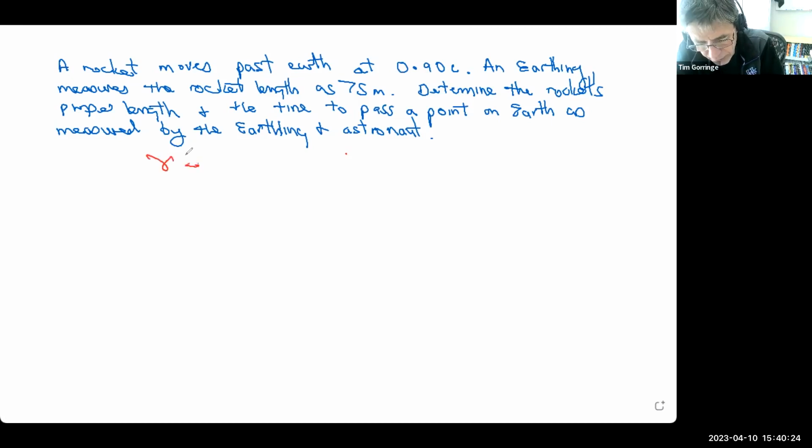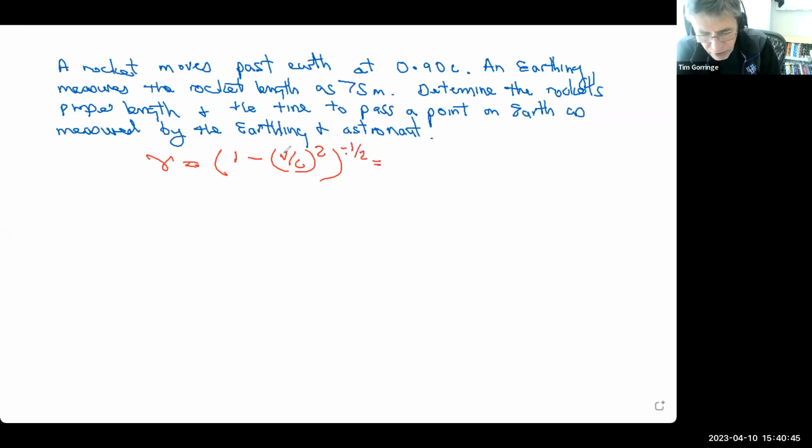The Lorentz factor, gamma, is equal to 1 minus (v over c) squared, that factor in parentheses, and then you take the square root and the inverse, so to the power of minus 1/2.